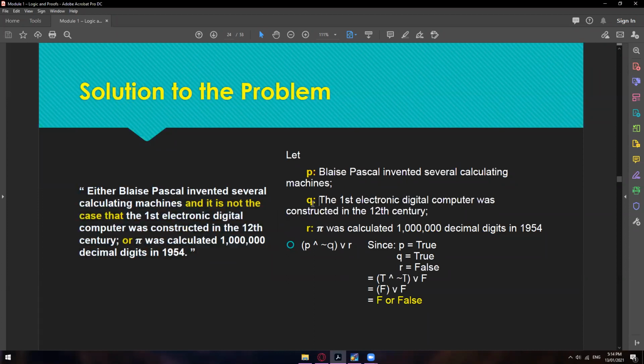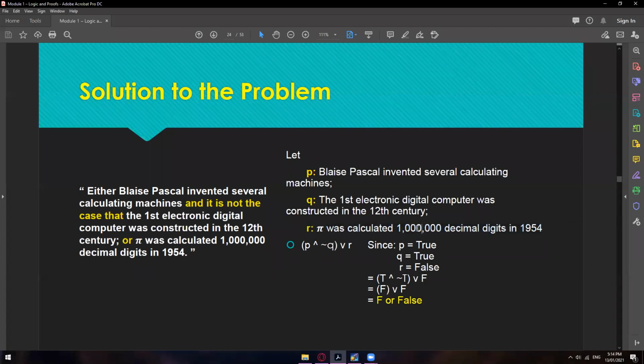So we have P, Q, R. So the first one is either Blaise Pascal invented several calculating machines. And then second one is the first electronic digital computer was constructed in the 12th century. And then the third one is pi was calculated to 1 million decimal digits in 1954.